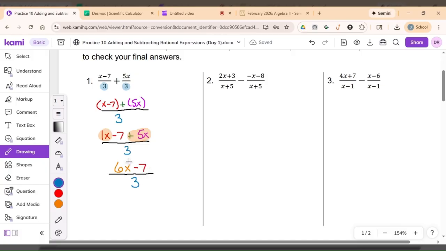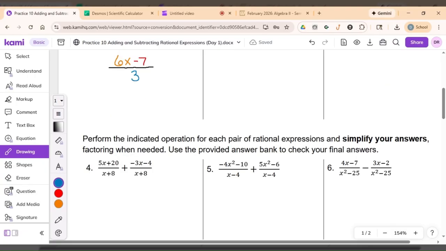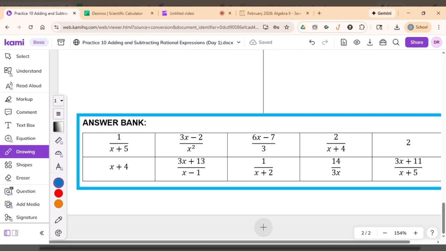So no, we cannot simplify this any further. And what I have at the end of this worksheet is an answer bank. What you see right here in the middle, we have that 6x minus 7 that we were just talking about, over 3. So there we go. We found our first solution. Not solution, but we've simplified our first pair of fractions, and now we can move on.